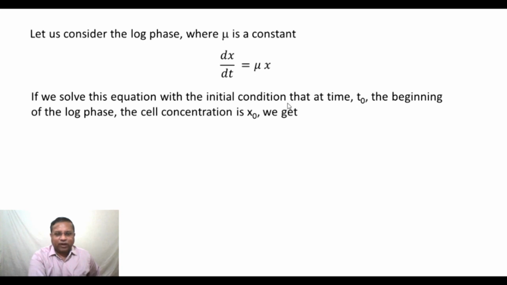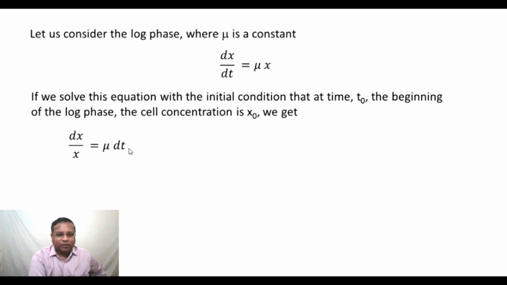So the initial condition is as follows: at time t equals t0, which is the beginning of the log phase, not the beginning of the batch, the cell concentration is x0. x0 may not be very different from the concentration at the start of the batch, but sometimes there might be a difference. It's not changed much, but it has changed a little bit. So you need to have clarity on what x0 actually is, because this model where mu is a constant is applicable only to the log phase, not any other phase.